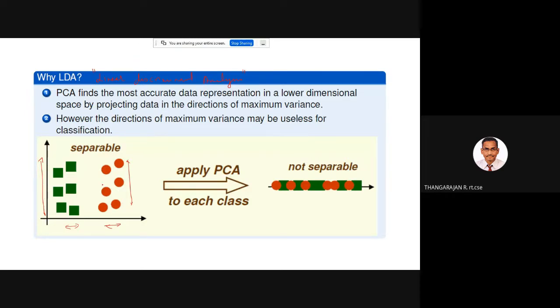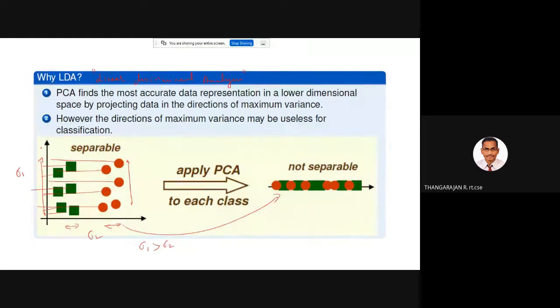The variation along this axis is more, whereas this is less. So what we do is we project this data onto this axis. When you project this complete thing, what you get is this. This is the principal component, sigma 1, sigma 2, where sigma 1 is greater than sigma 2.